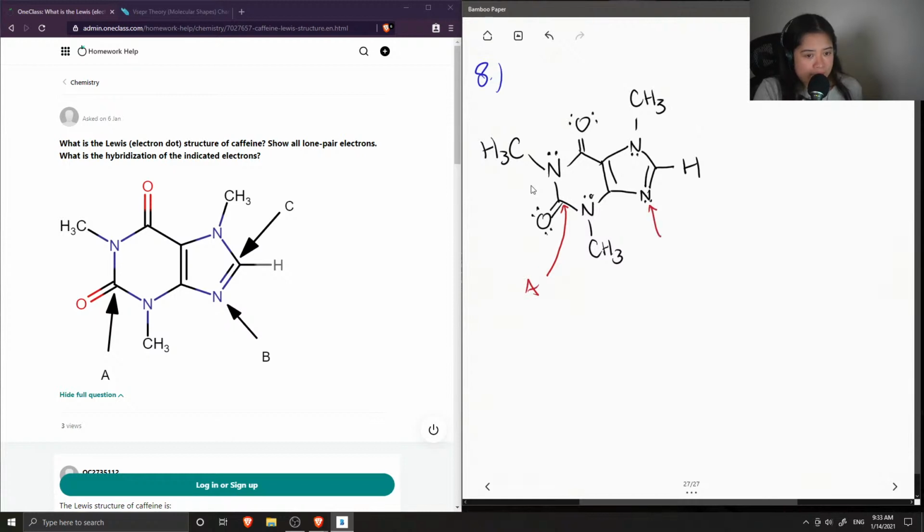And we are looking at this nitrogen, which is B. And then finally, this carbon here, which is C. Okay, so one way I like to figure out the hybridization of an atom is just to find the number of charge clouds. So I'll explain what the term charge clouds means.